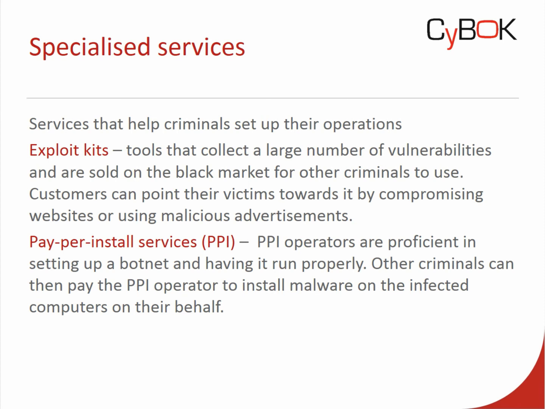And another orthogonal way of infecting computers with malware are pay-per-install services, in which the pay-per-install operator is very good at infecting computers with malware through the use of exploit kits or other ways.